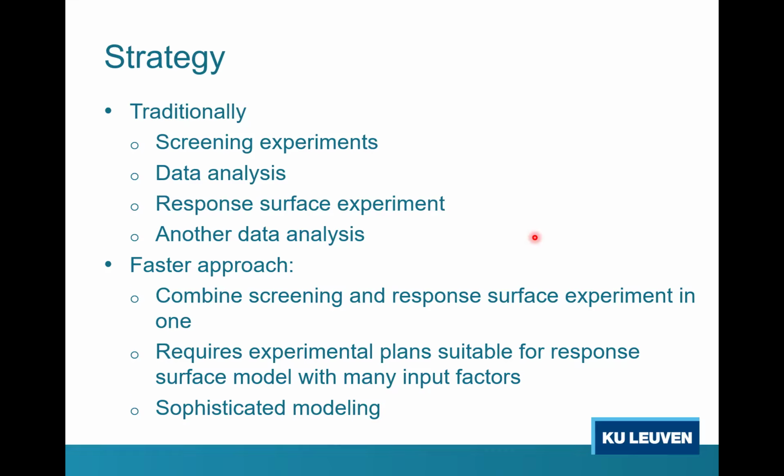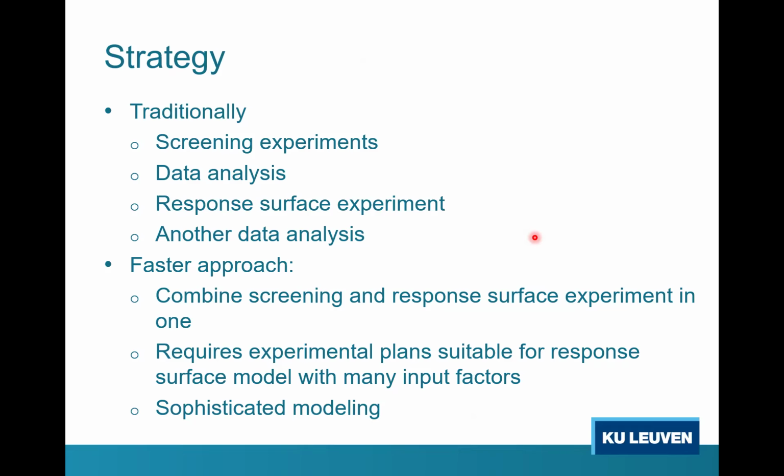It's a waste of time. There's a movement in certain industries to combine these 2 phases, screening experimentation and response surface experimentation, into a single experiment.